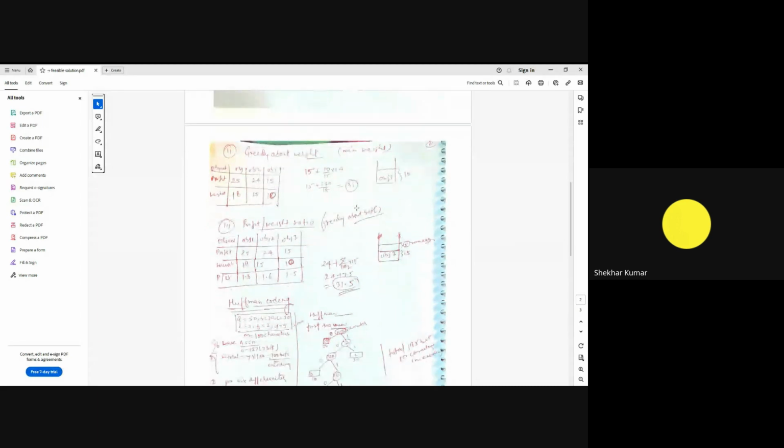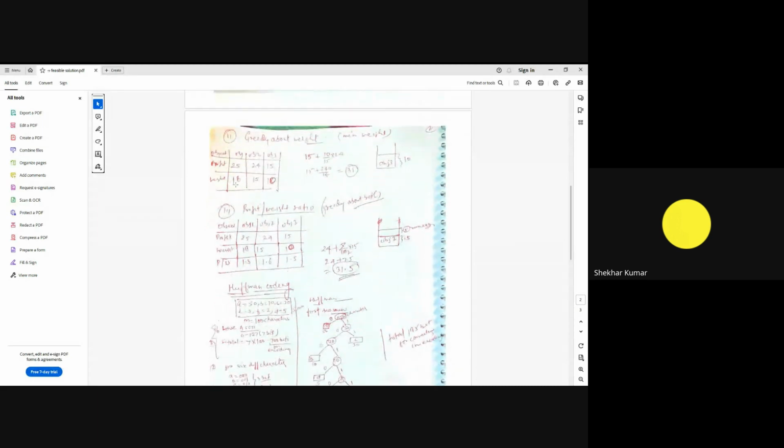Of the three objects, object 3 has the minimum weight, that is 10, and the profit with this object is 15. So we will put object 3 in the knapsack.